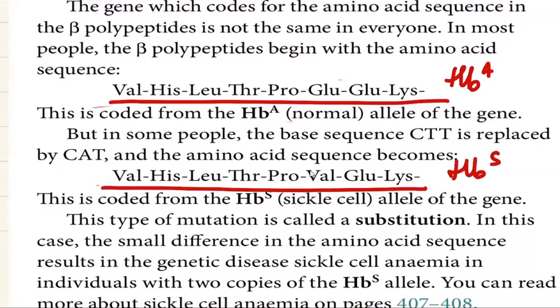So what is the difference actually? This gets replaced, right? CTT was the DNA code that was changed to CAT, which means which base was removed? This T, thymine, is replaced by adenine. Just by replacing one base, the entire amino acid is changed, which means glutamic acid is changed to valine.